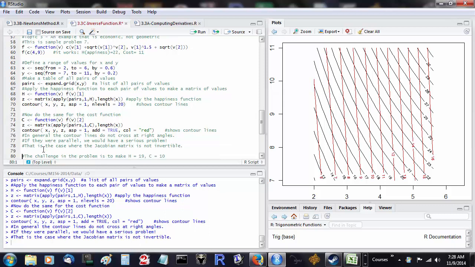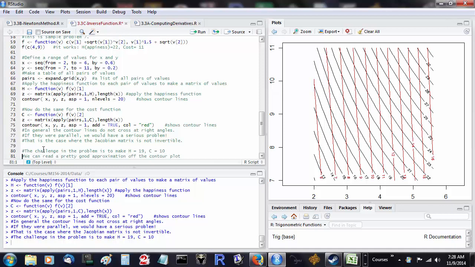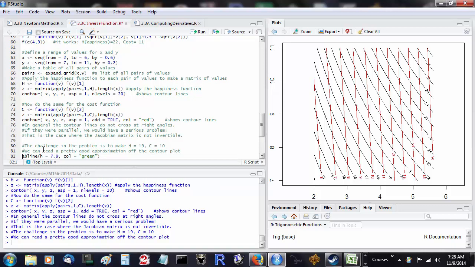Now, in the problem as stated, the challenge is to adjust the benefits package to reduce the cost to 10 and do so in such a way that you reduce the happiness only to 19. And with my contour plot, I can read a pretty good approximate solution off this.